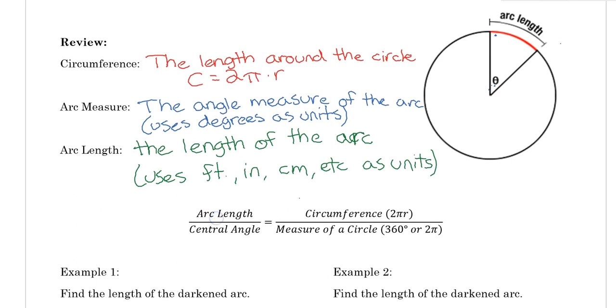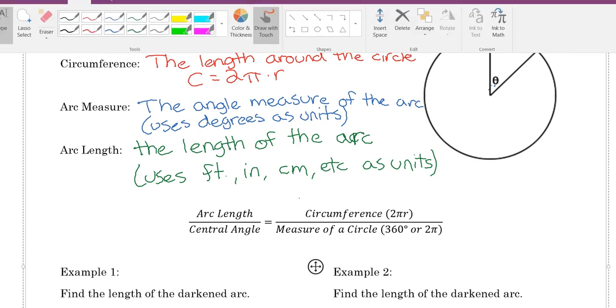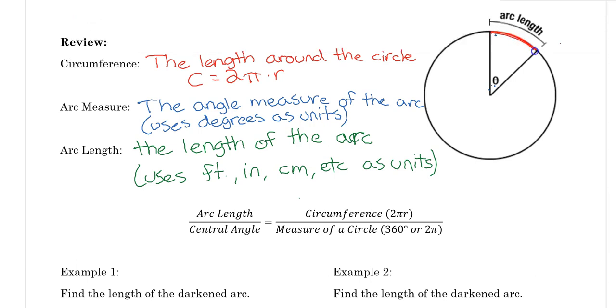Really all we're doing is going back to what we did in KC6. We are setting up a proportion. I'm going to compare the piece of my circle to the whole of my circle. This arc length is just a piece of the circle, and the central angle is just a piece of the circle.